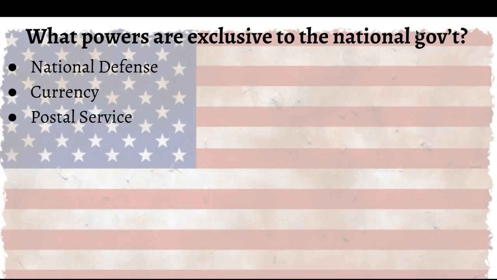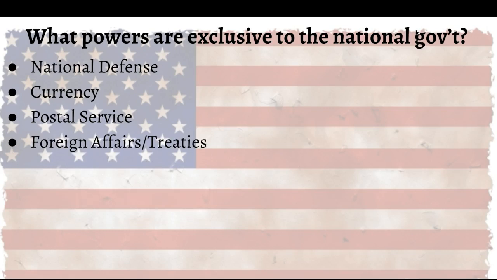Something as banal or mundane as the Postal Service, it gives the national government the sole authority to create and regulate post offices, right? And, again, you guessed it, Article 1, Section 8 says that they have the power to establish post offices. It gives the national government the ability to engage in foreign affairs and make treaties.